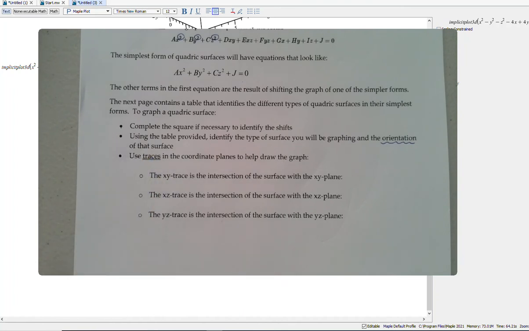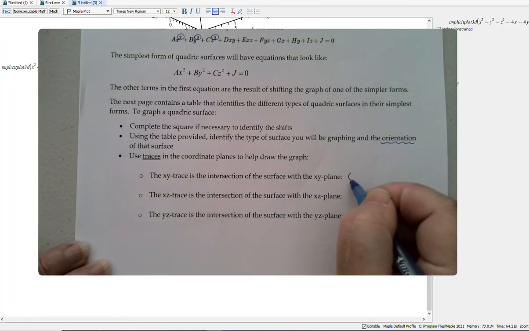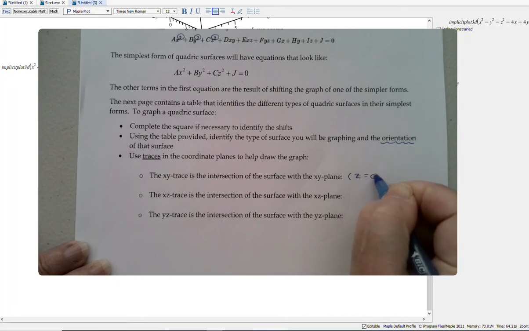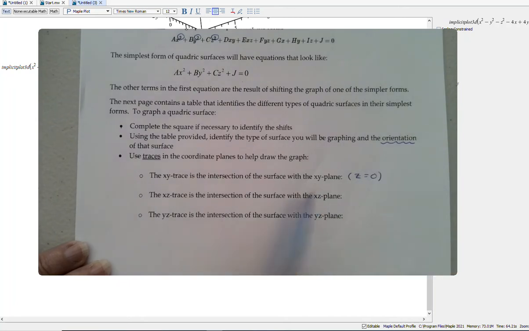Keep in mind that the traces are the intersection of the surface with the coordinate planes. So what that means is the xy trace would be the intersection of the surface with the xy plane, or in other words, with z equals 0, right? That's the equation of the xy plane.